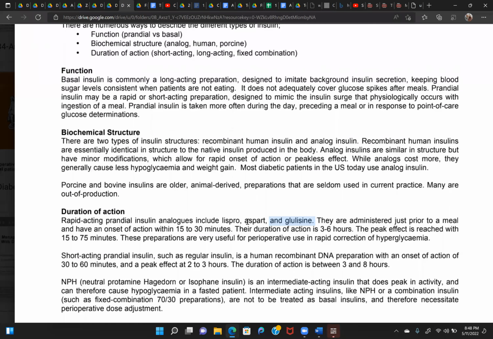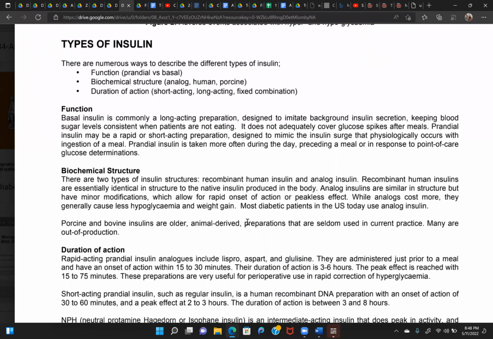Anyways, they have presented the preparations in a different way, and then this prandial and basal. What do you mean by prandial insulin?